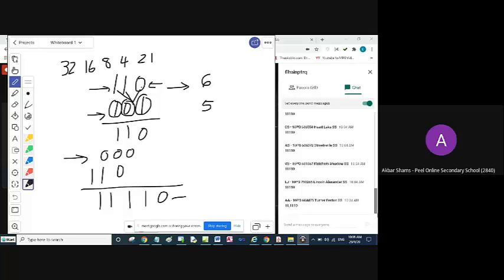Let's try this one. This one is 1, 2, 4, 8, and 16. So this 0 does not contribute anything, so let's add these numbers. 16 plus 8 is 24, plus 4 is 28, plus 2 is 30. And 6 times 5 gives you 30, which is correct.